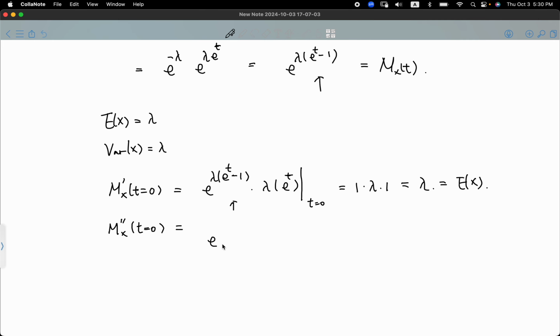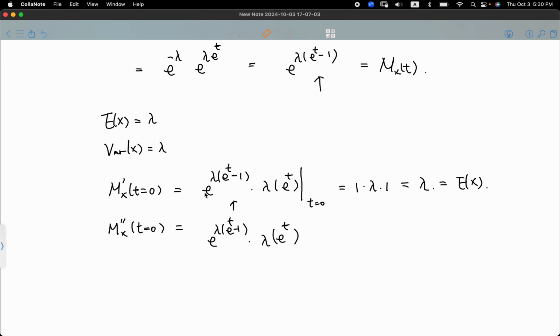So we can just copy that down here: t minus 1 multiplied by lambda and then e^t. This is also coming from the second term. But don't forget, this is a product rule. So we also need to take the derivative of this, multiply.